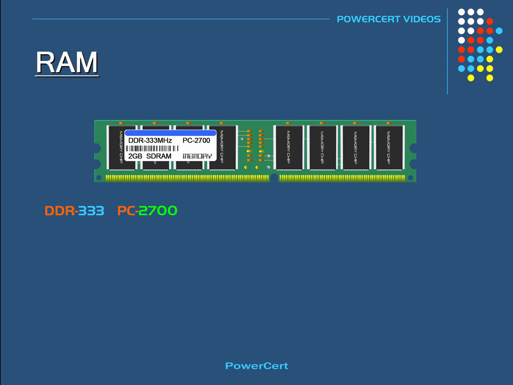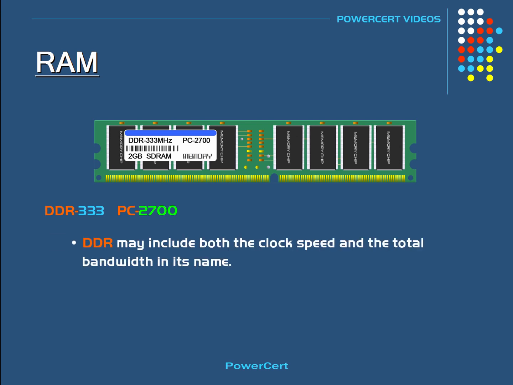DDR is also labeled differently than non-DDR RAM. DDR RAM may include both the clock speed and the total bandwidth in its name. So instead of just including the clock speed in its name, like PC133, where 133 equals the clock speed, DDR includes the total bandwidth also.